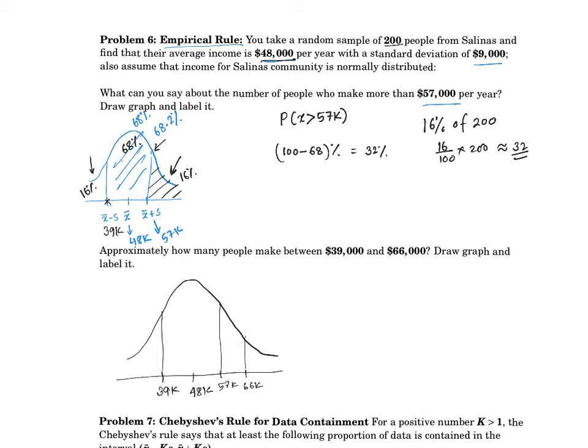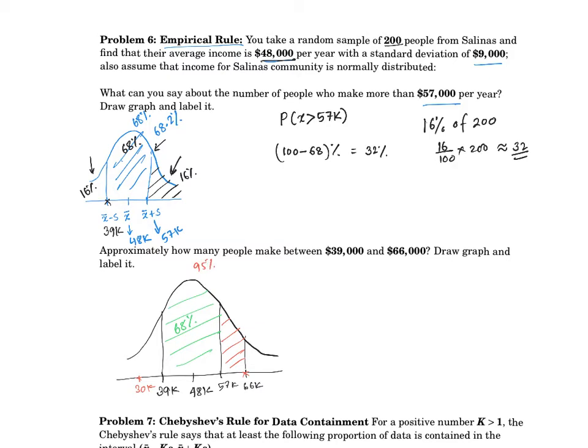Now from your previous knowledge, you know that this green shaded region is 68%, right? Now you just need to find this red shaded region. You also know that if you move 2 standard deviations to the right and 2 to the left, you include about 95% of the data, right?